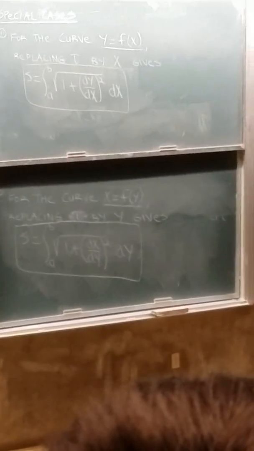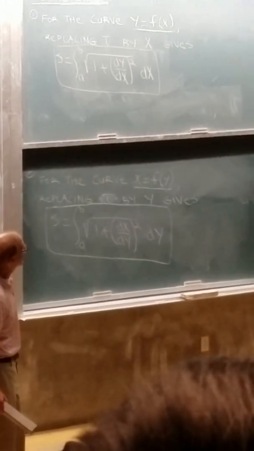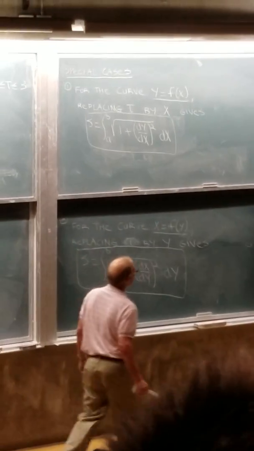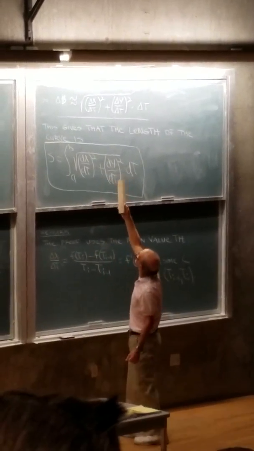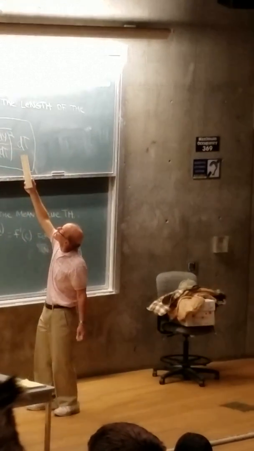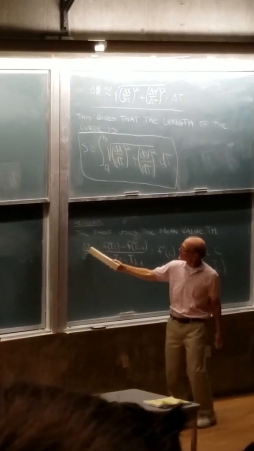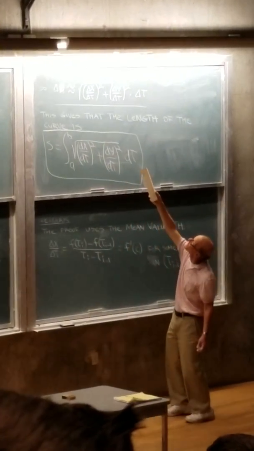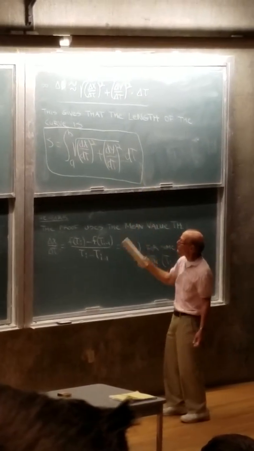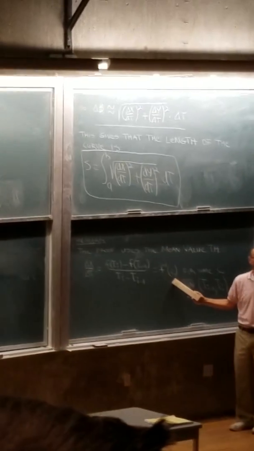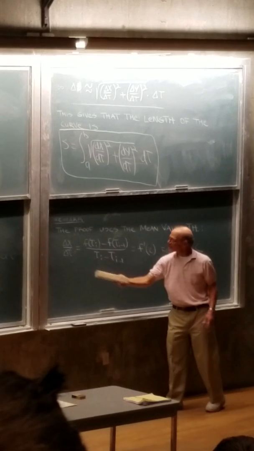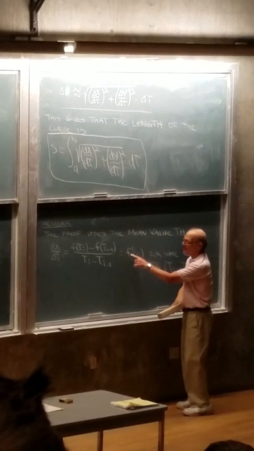Why did I divide delta x by delta t? In other words, that's the approximation we got by using the distance formula. And then if you take delta x over delta t, so that's the first expression, the square root. If you write that out and use the mean value theorem, you get that delta x over delta t is the derivative of x.